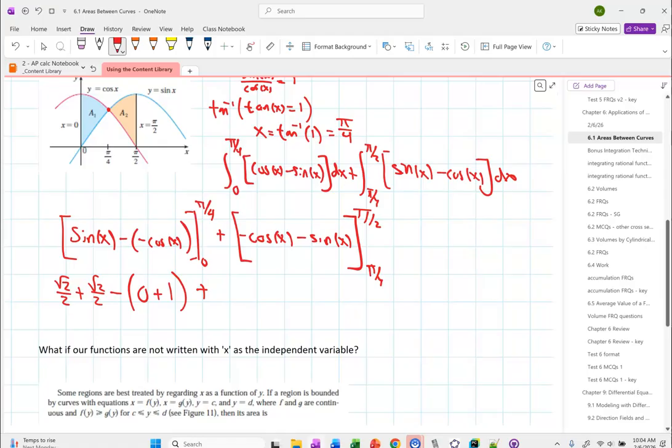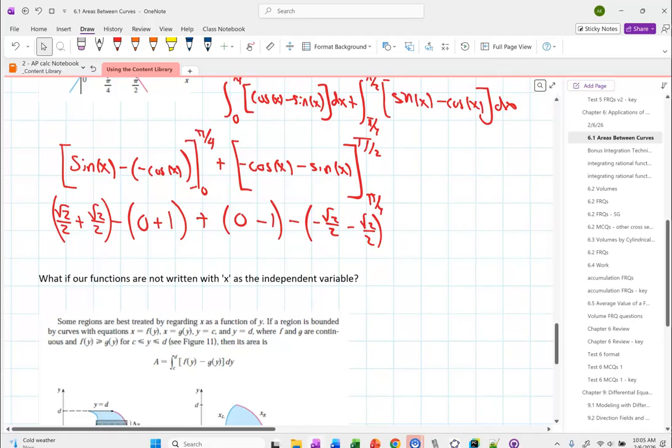We'll do the same thing over here. Cosine of pi over 2 is 1. Oh no, sorry, yeah, it's 0. Goodness gracious. And sine of pi over 2 is 1. There we go. And then minus negative cosine of pi over 4, and then positive or negative sine of root 2, and that's the same thing, right?